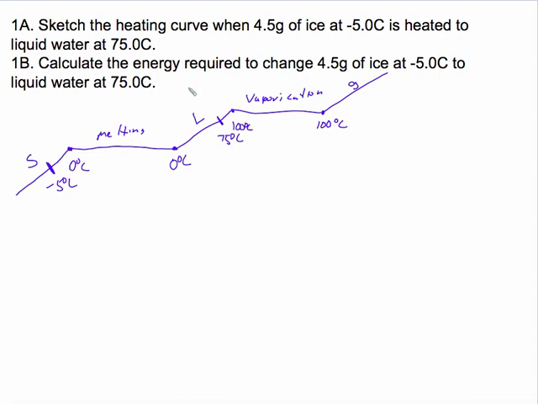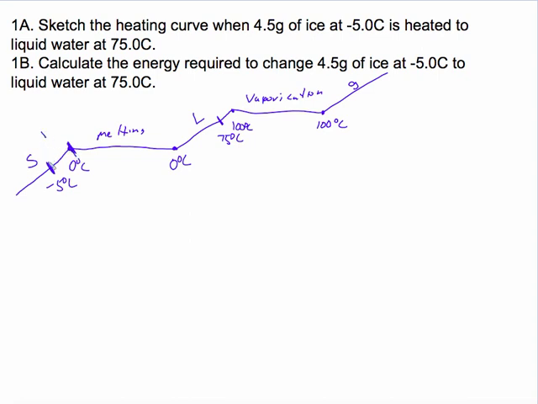Now, for a question like 1B, you're going to want to divide this graph into segments. So 1B is the same problem: calculate the energy required to change 4.5 grams of ice at -5 degrees Celsius to liquid water at 75 degrees Celsius. So you're going to want to divide it up into segments.